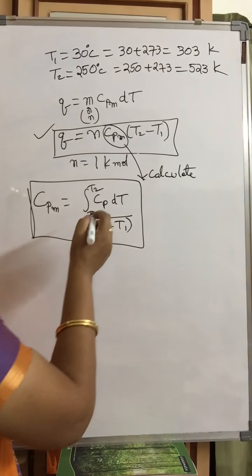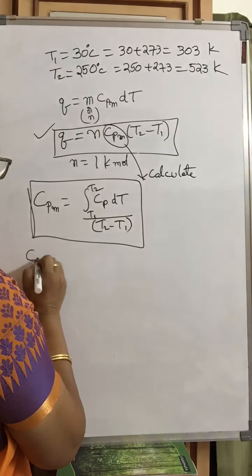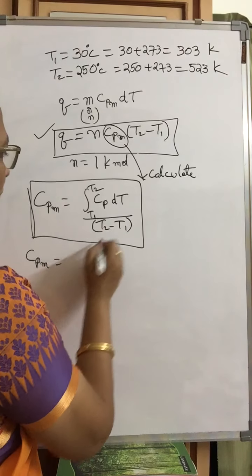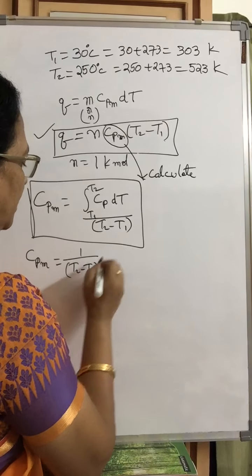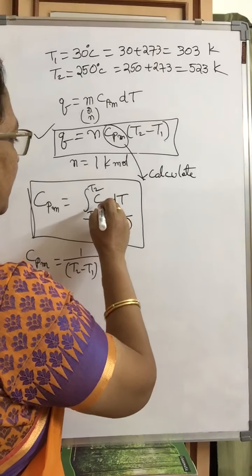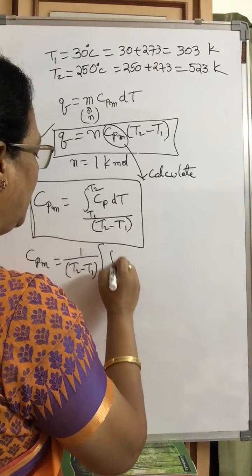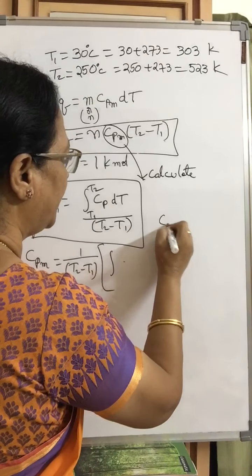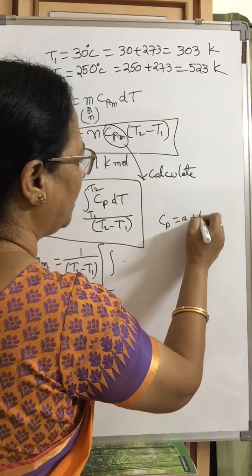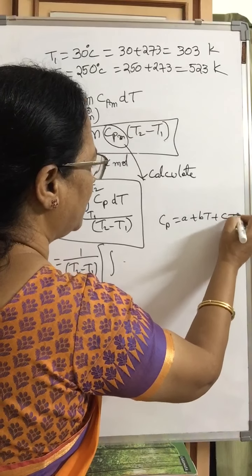So how to do this now? Cp mean equals 1 by T2 minus T1, you keep like that, and then start the bracket. In place of Cp you substitute what is given. Cp equal to A plus Bt plus Ct square.